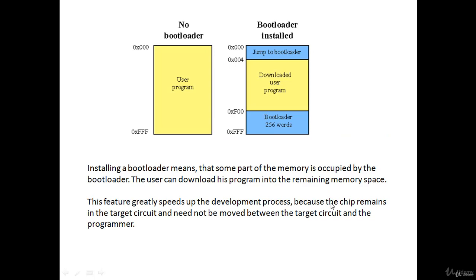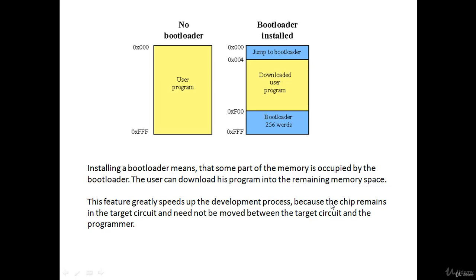Some microcontrollers come with a built-in bootloader, like the P89V51RD2 microcontroller from NXP. And some microcontrollers don't have built-in bootloaders. In that case, to make such a microcontroller self-programmable, we have to burn the flash memory with bootloader code using a microcontroller programmer or burner.